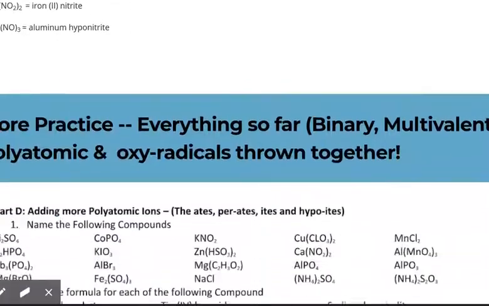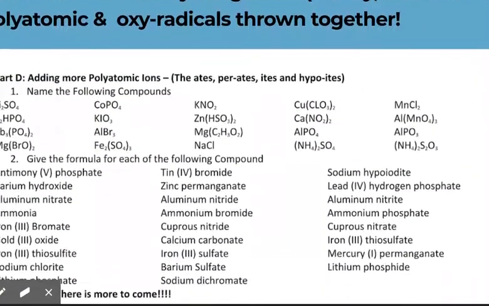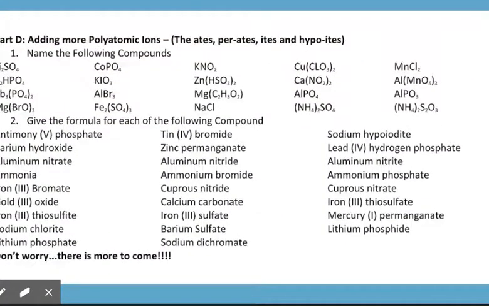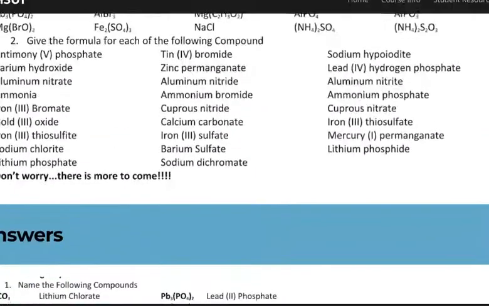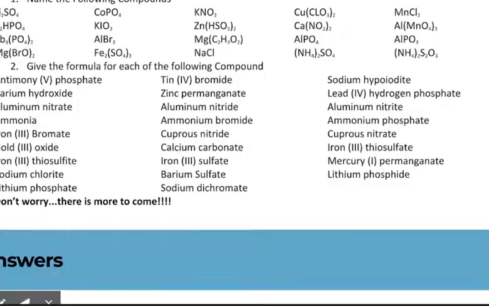Then if you keep scrolling right here, this is a collection of all of the nomenclature we have done so far. So this will really test you, but it's important to do a big mix so you get used to having to think about what type of ionic compound you are naming. Once you have worked through some of this practice, then the answers are here for you as well.